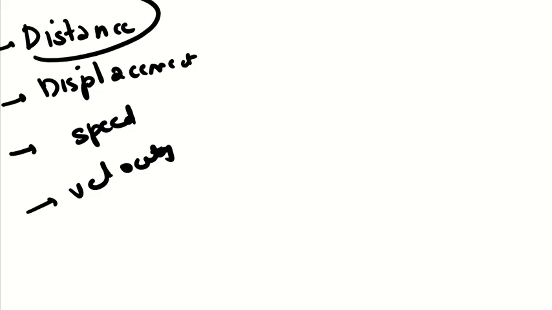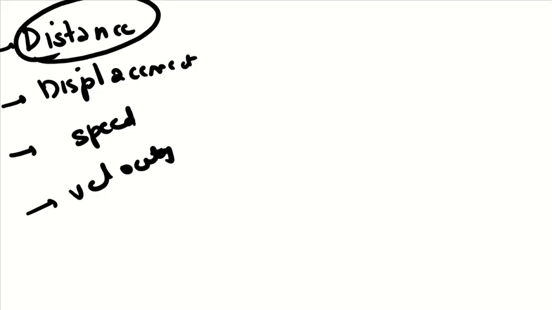Distance is basically the path traveled, displacement is the shortest path traveled, speed is distance per unit time, and velocity is displacement per unit time. I hope you have gotten all the topics well and will memorize them and try to read about them yourself.